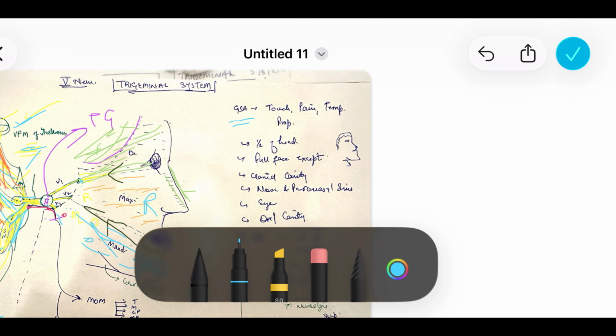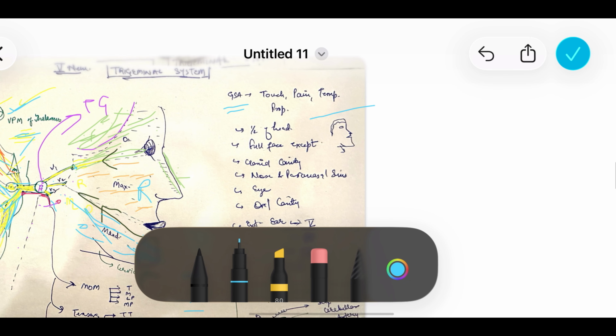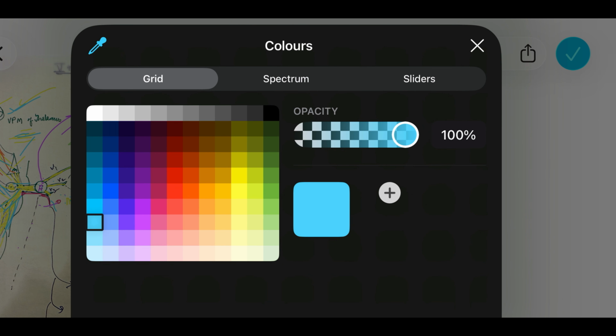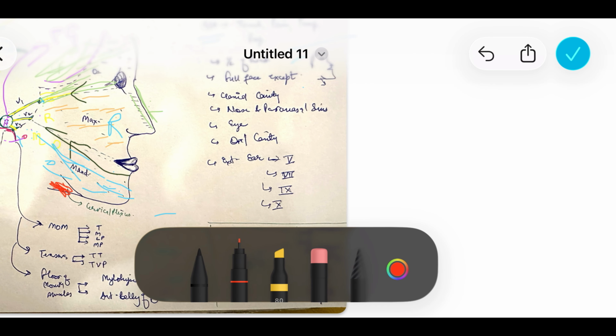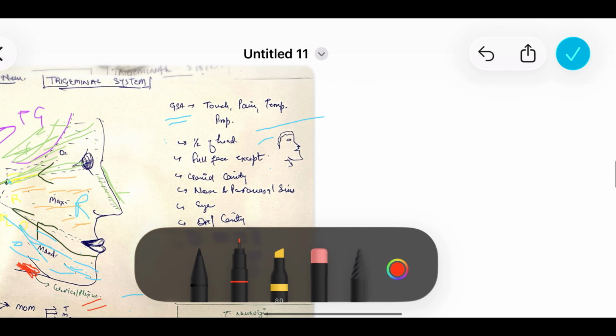So here now, these fibers are called general somatic afferent fibers. All these fibers carry sensation of touch, pain, temperature, and proprioception from half of the head, the full face, except this part of the face, which is supplied by the cervical plexus.